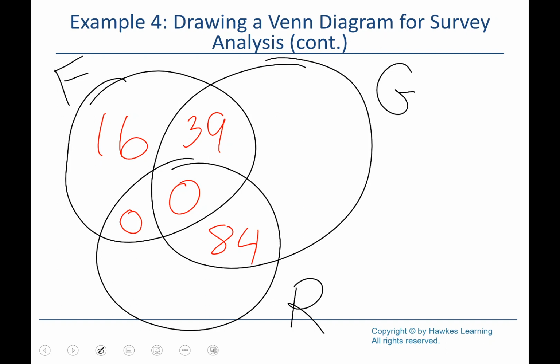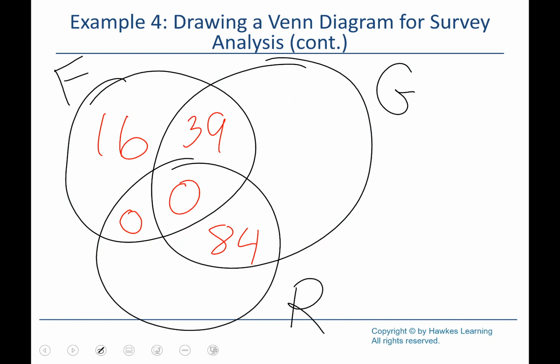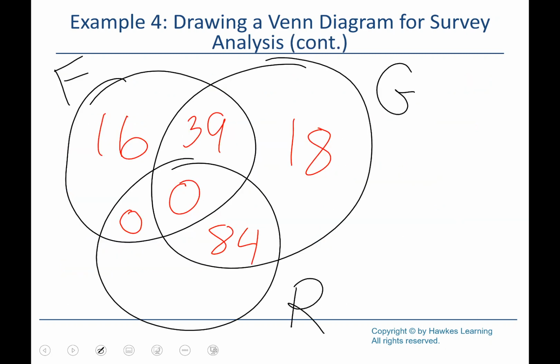Let's see what that one comes up to. 141 minus 39 minus 84 gives us 18. And then there's 92 reported taking Russian. So we've got 92 minus the 84 gives us 8.